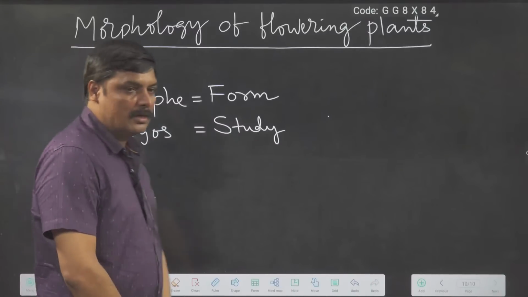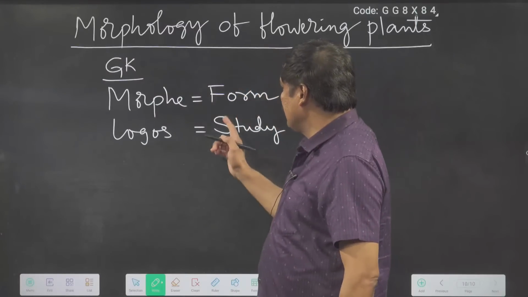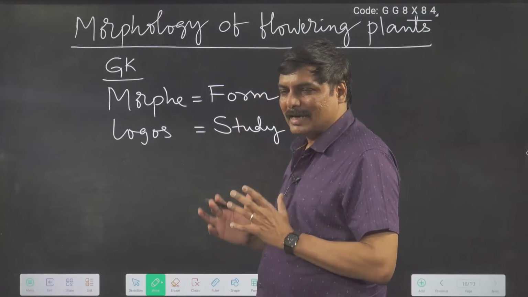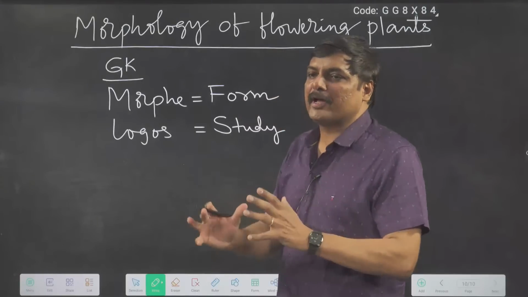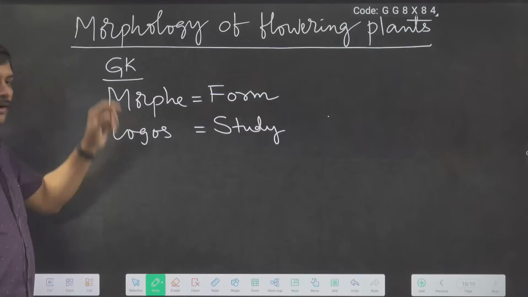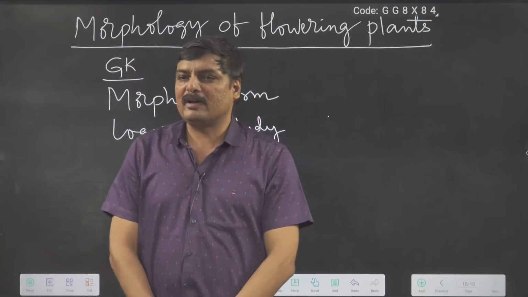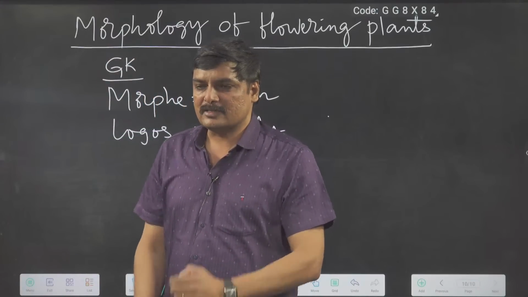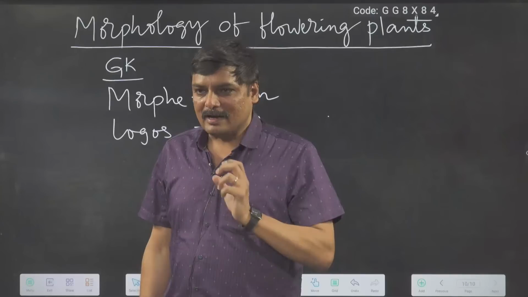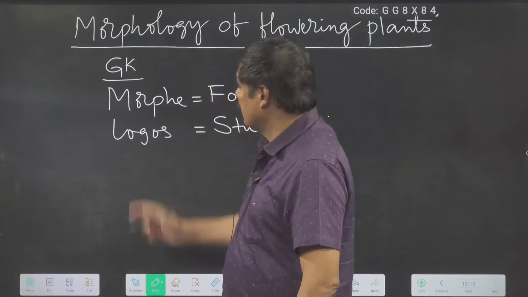That means the branch of biology which deals with the study of form, structure, size, color, etc. of an organism is known as morphology. Morphology may be defined as the branch of botany or biology which deals with the study of form, structure, color, size, etc. of organisms.